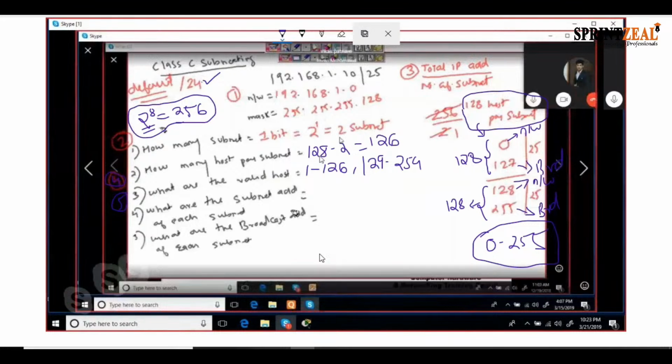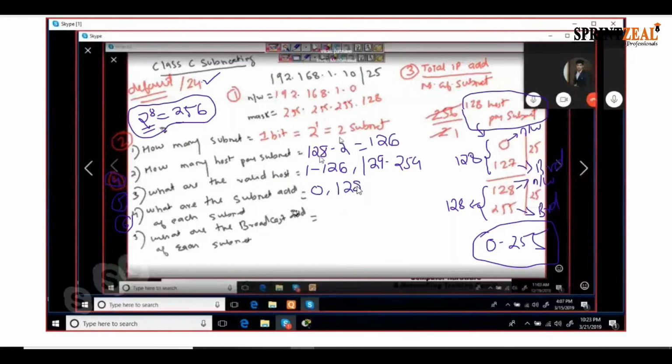All good. Done? Now step number 6. If you follow these steps, you can easily solve. Step number 6 is what are the subnet addresses of each subnet? It means what are the network addresses of each subnet. So the first network address is 0, comma, second block network address is 128.